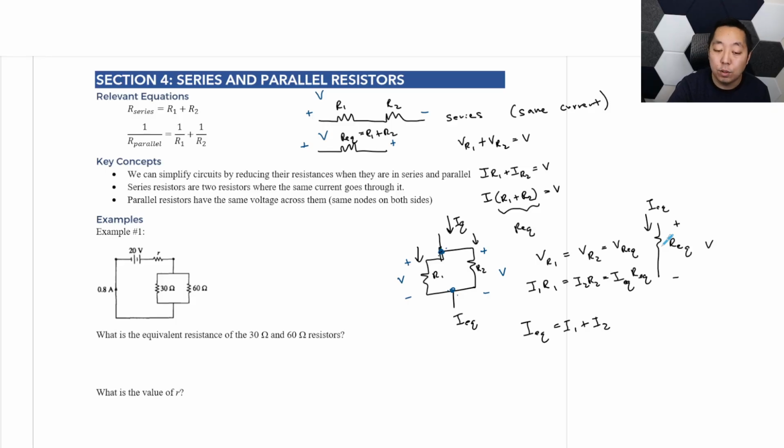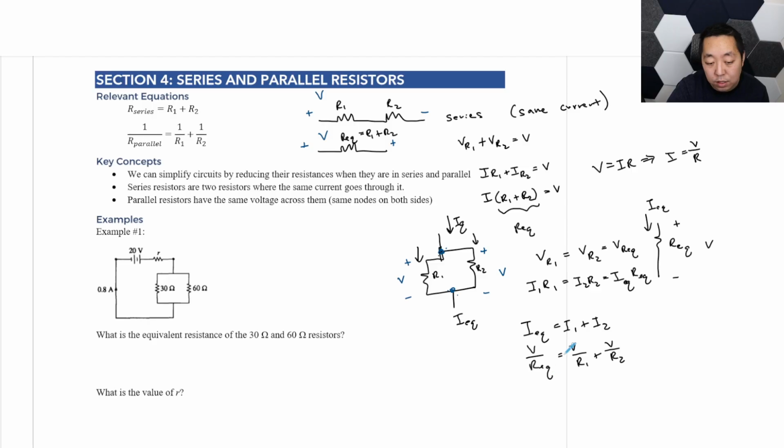That's the idea of an equivalent resistance, right? And you can solve for I1. Because V equals IR, the current through a resistor is V over R. So I1 is V over R1, plus V over R2, and similarly the equivalent current is the voltage over R equivalent.